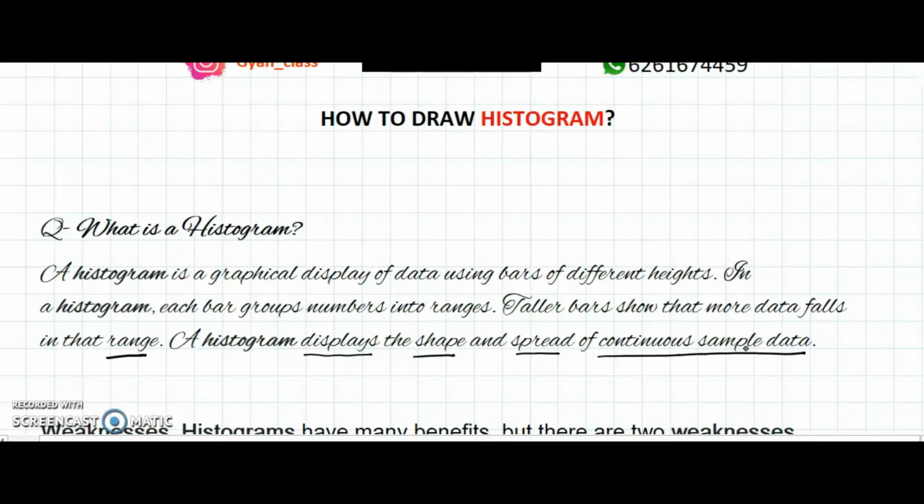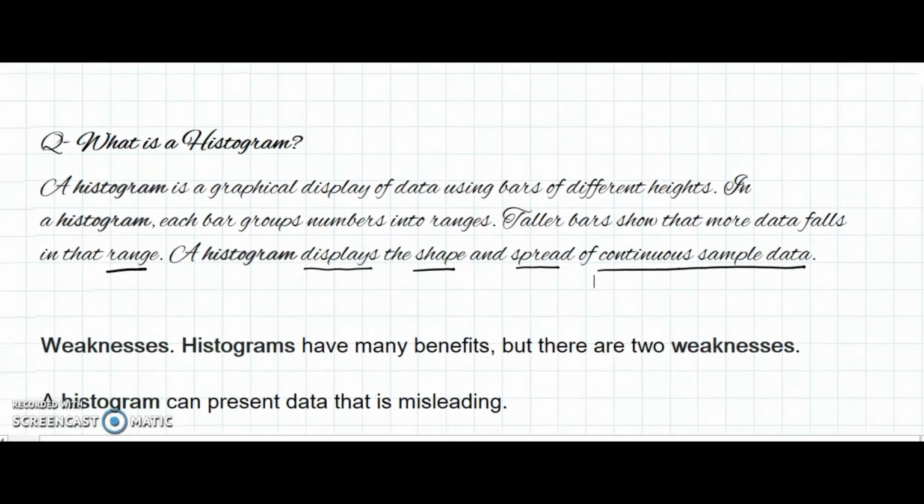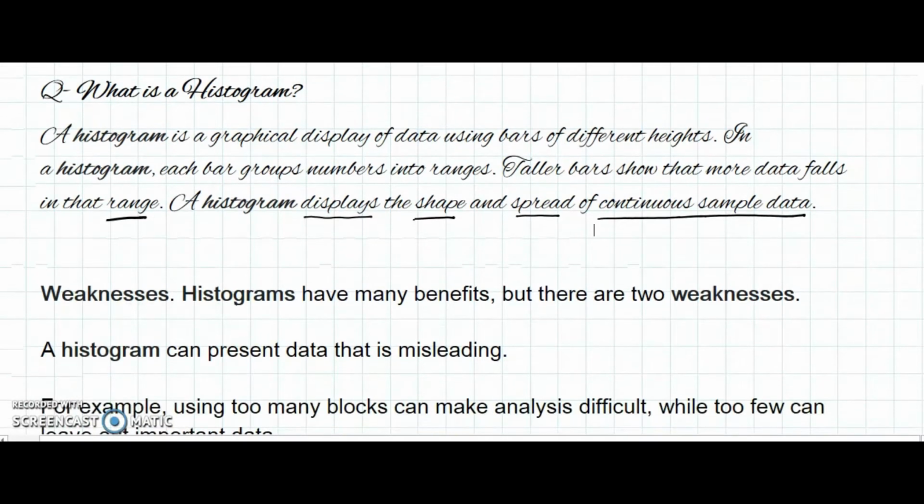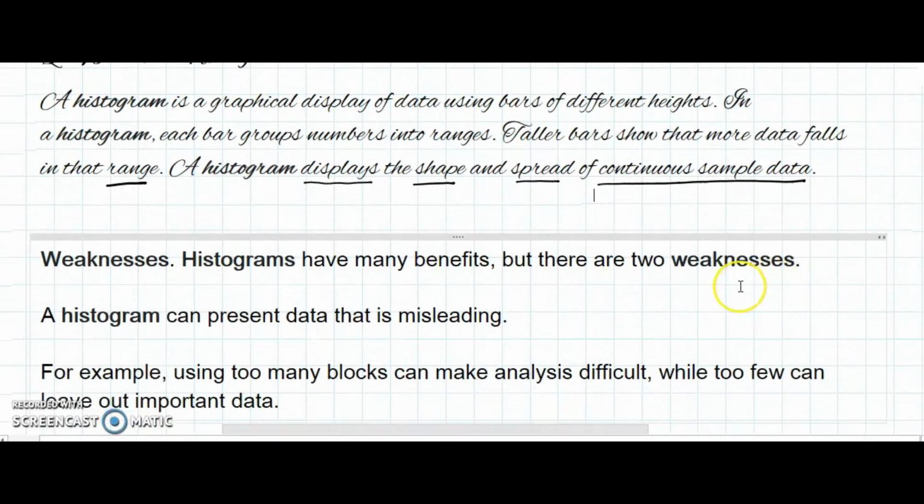But as in every situation, we do have some weaknesses. Histograms have many benefits, but they also contain some weaknesses. The first is that a histogram can present the data, but it can also mislead us.